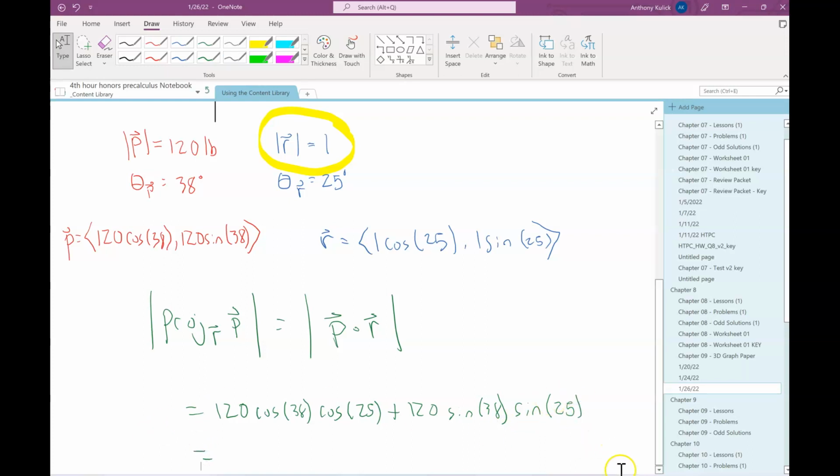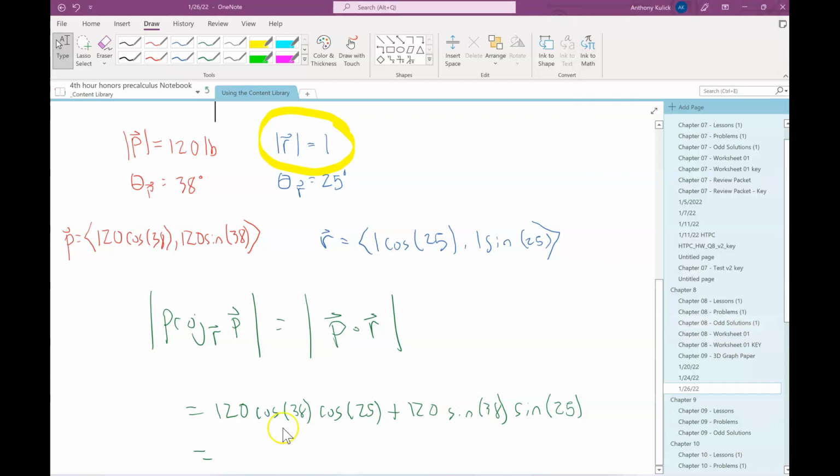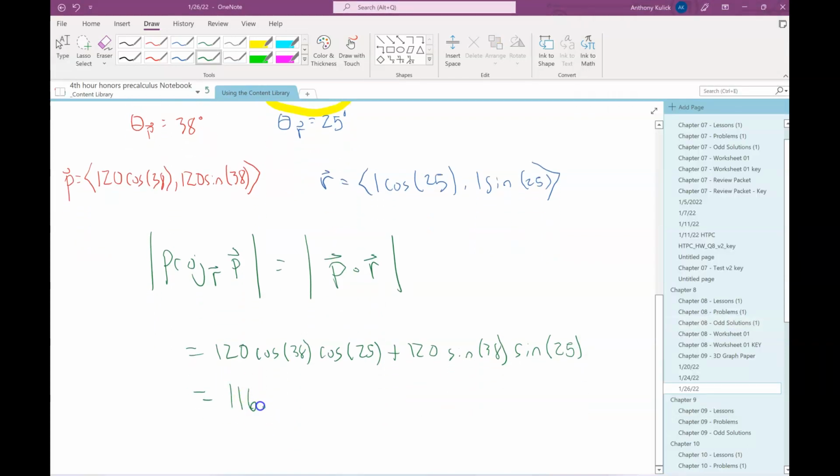And it's calculator time. I get 116.92 pounds up the ramp.